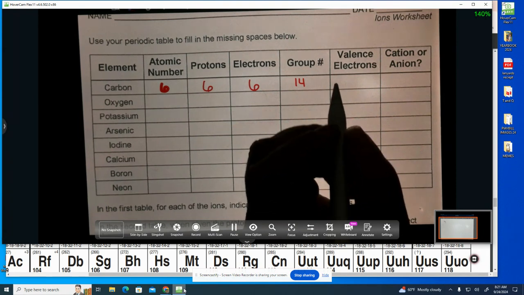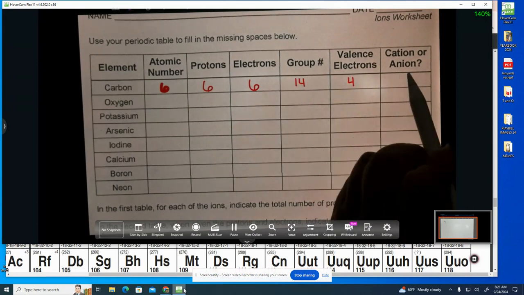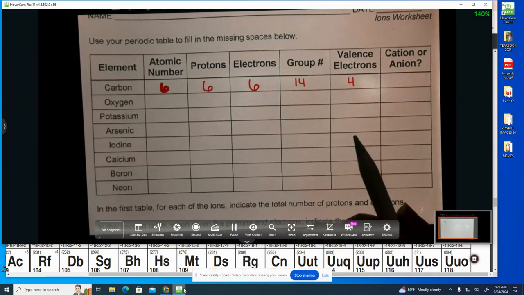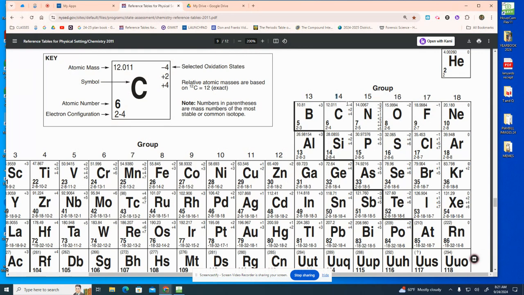How many? 4. Beautiful. Okay, is this a cation or an anion? When we look at carbon on here, it has 3 ions that it can form. It can form both a cation, which are the positive ions, and a negative anion. So let's write both there.